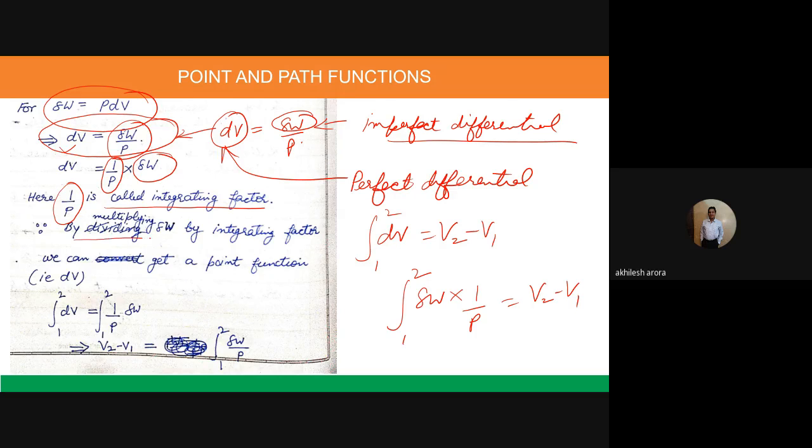So by multiplying delta W by the integrating factor, we can get a point function, that is dV. We have converted a path function into a point function by multiplying with an integrating factor, which you should remember. So this is what I have shown here: V2 minus V1 is equal to the integral of delta W by P for the process 1 to 2.